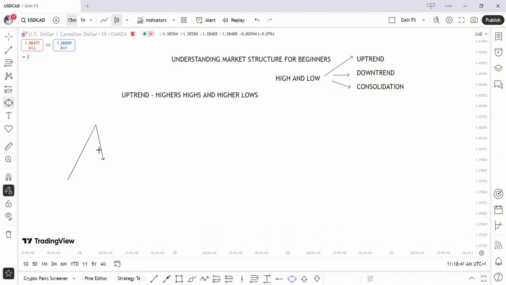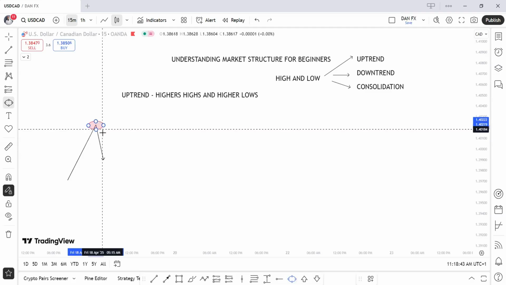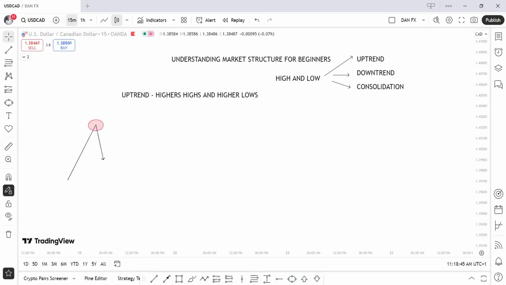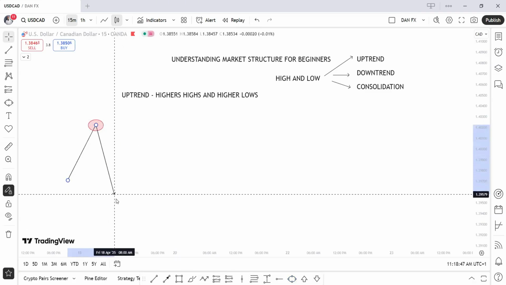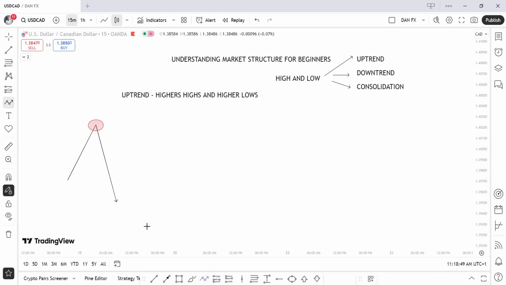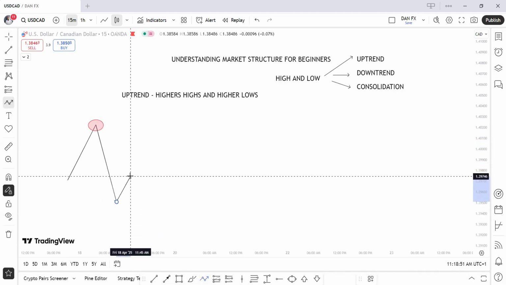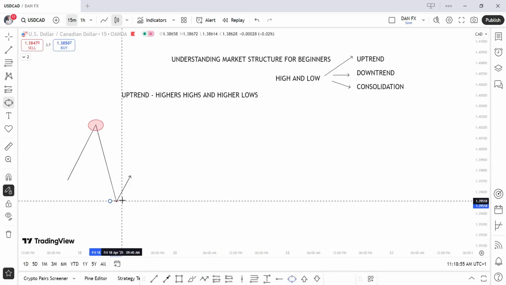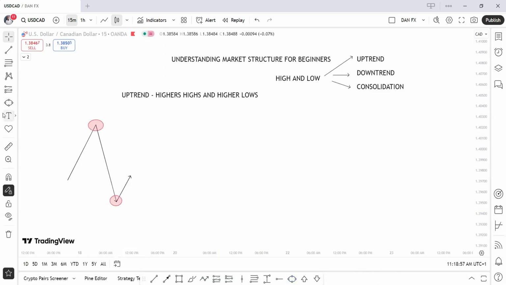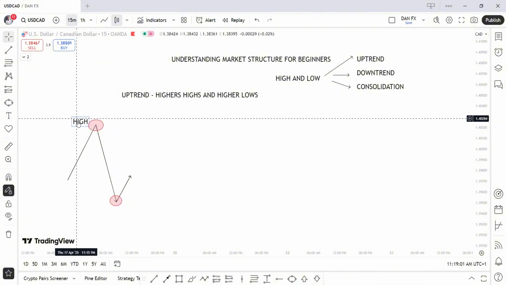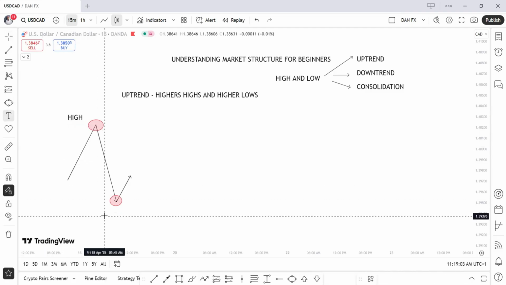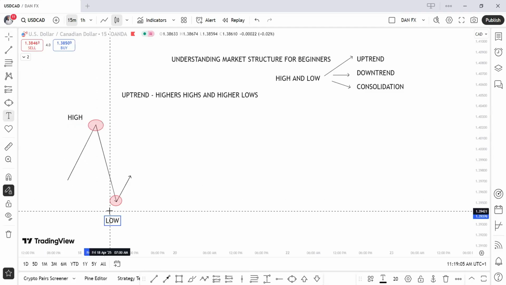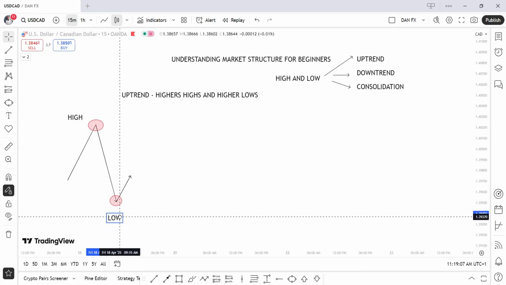And whenever price goes down and then does the same behavior, that is a low. So we have a high and we have a low.